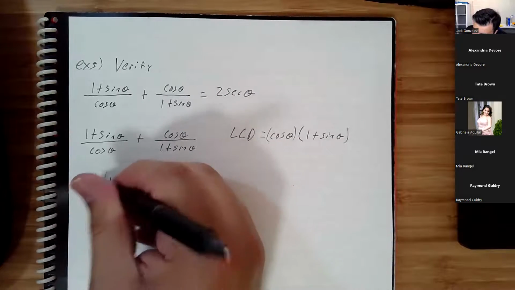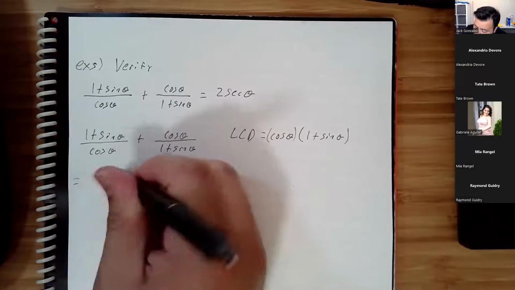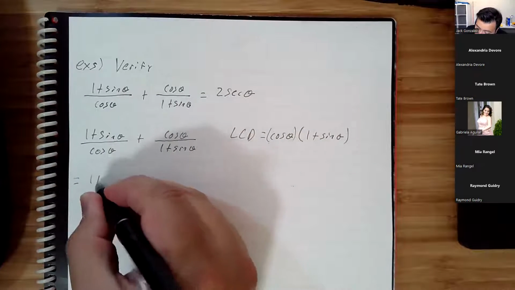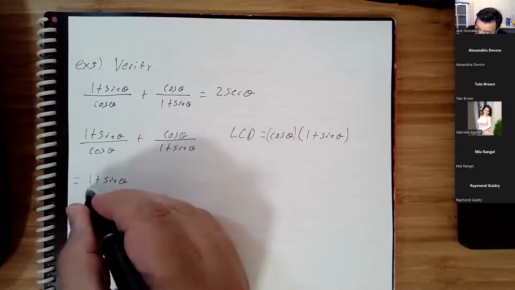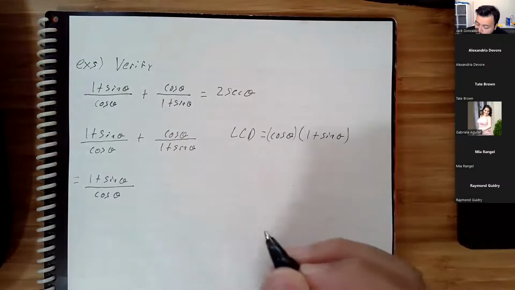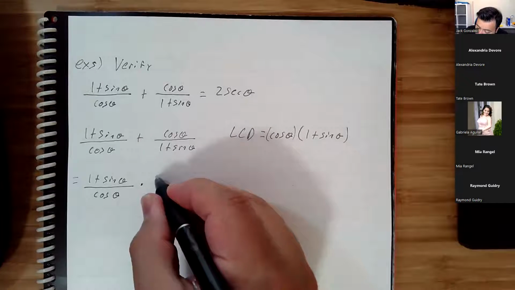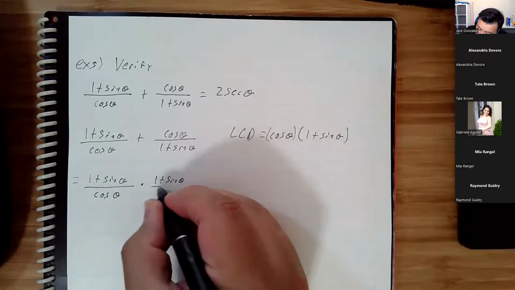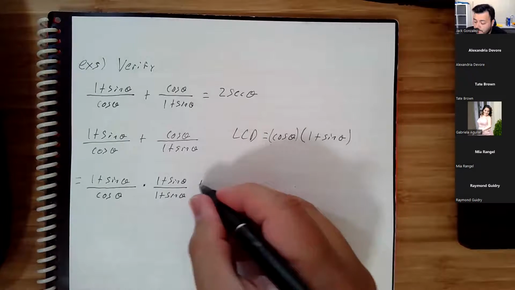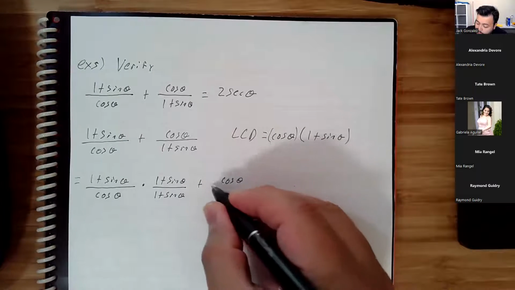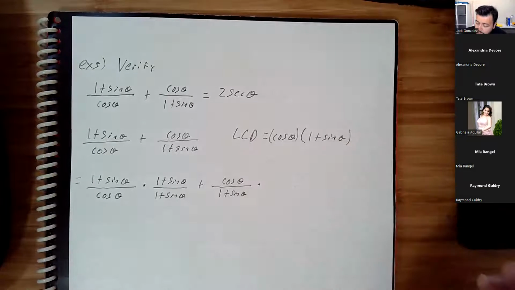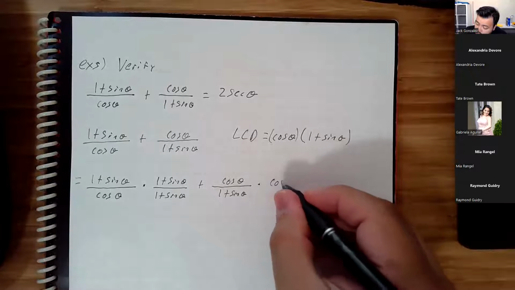And then this guy, multiplied by the cosine that it needs.